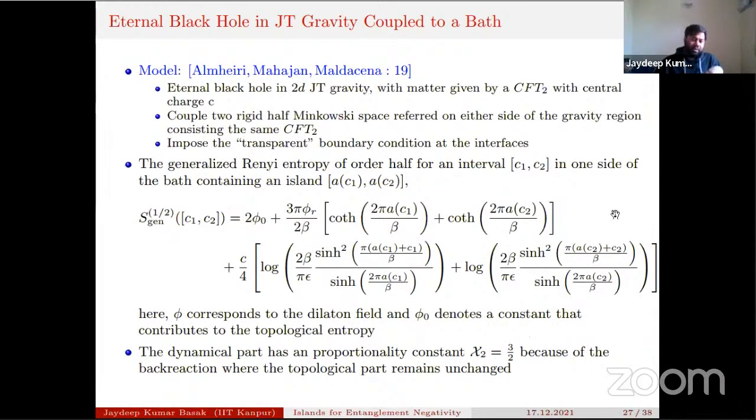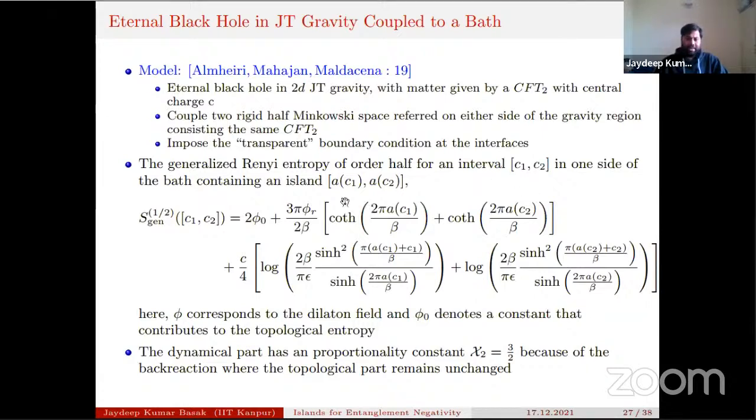Further, we consider another model where an eternal black hole has been considered in 2D JT gravity with matter given by CFT2. Now we couple two rigid half-Minkowski spaces on either side of the gravity region with the same CFT2, and then we impose transparent boundary condition at the interface. In that scenario, as earlier, we take another interval C1, C2 on one side of the bath.